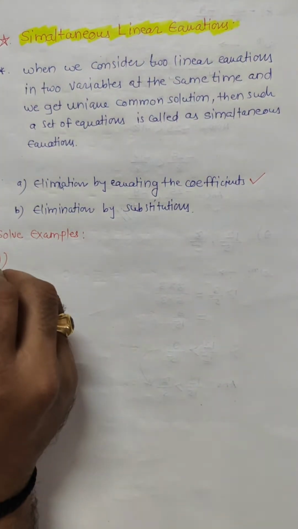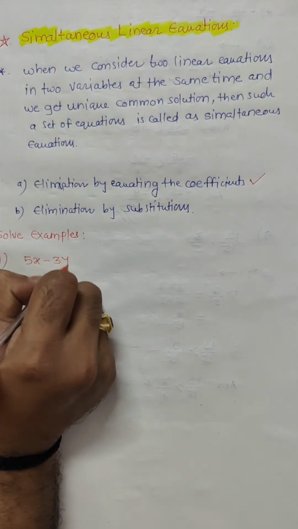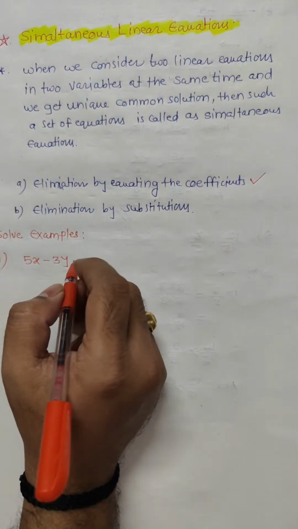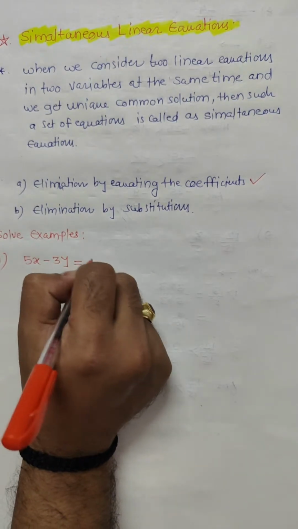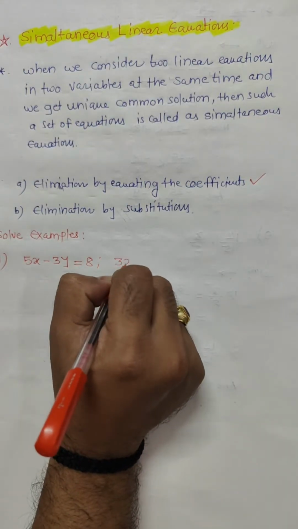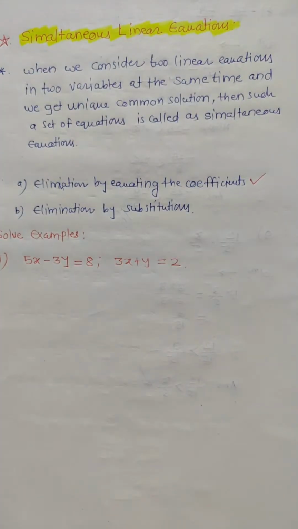The equations are 5x minus 3y is equal to 8 and 3x plus y is equal to 2.